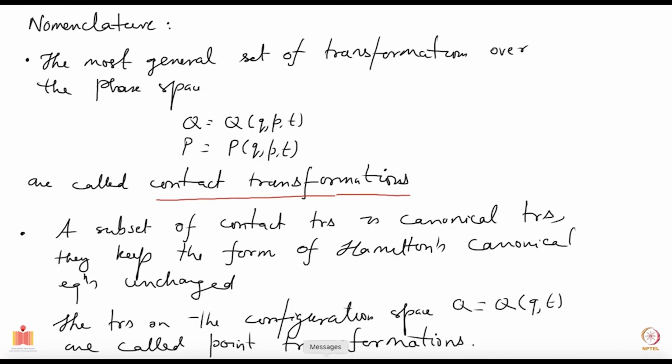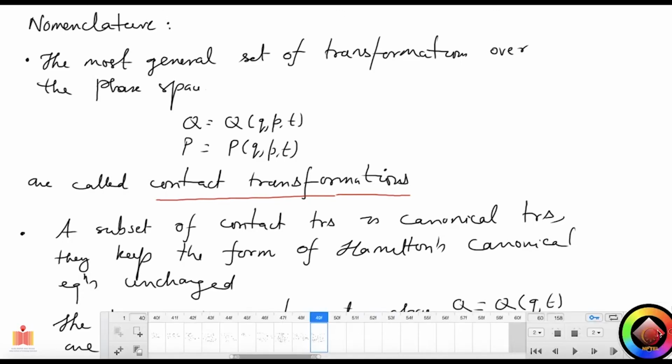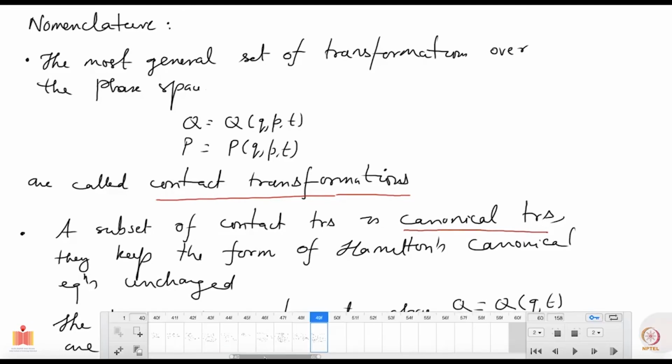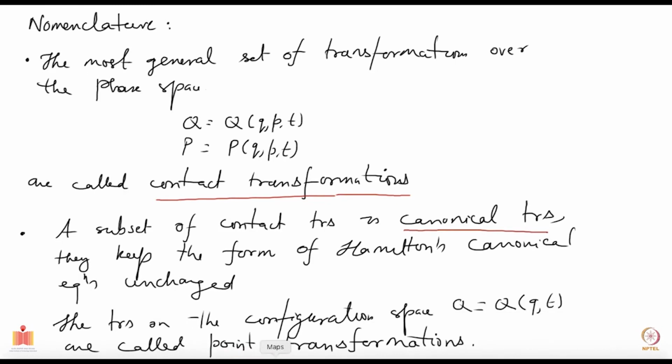Okay, maybe some color again. Canonical transformations, and then we have point transformations. Okay, so we'll continue our discussion on Hamiltonian dynamics in the next video.